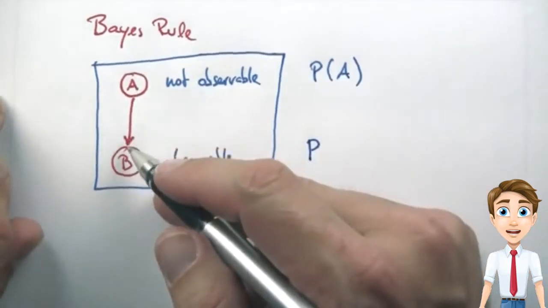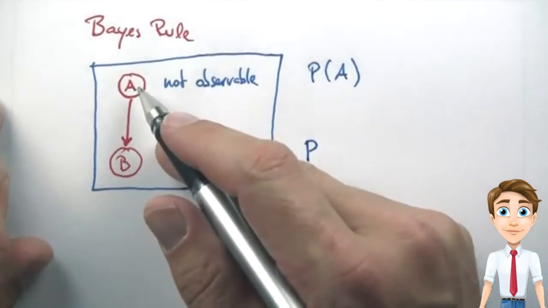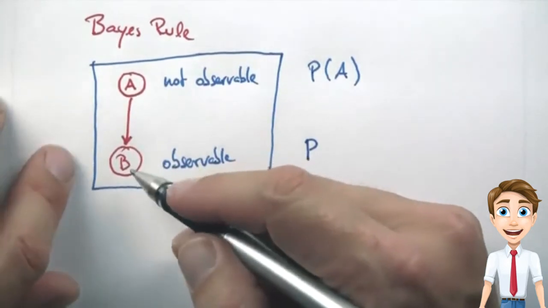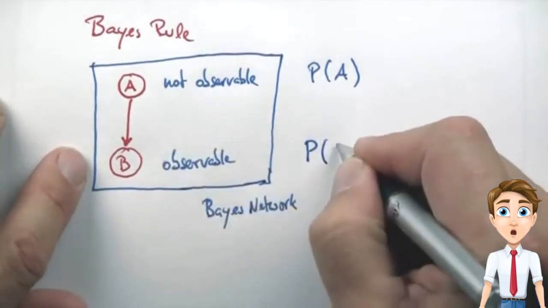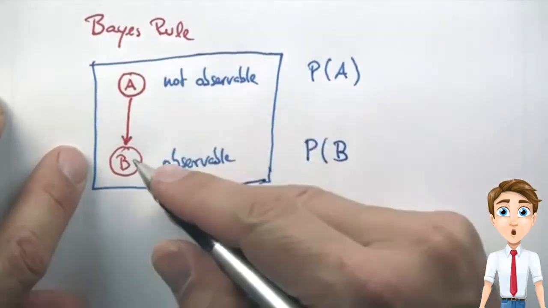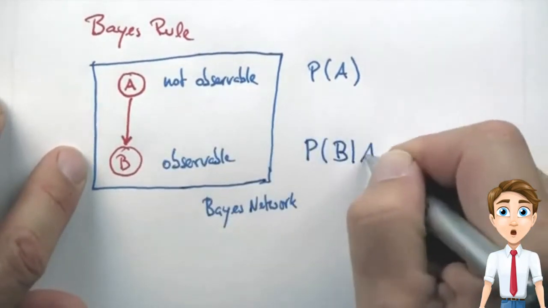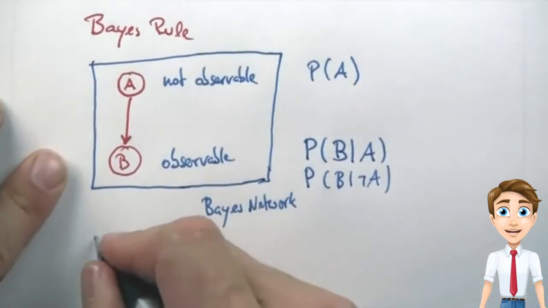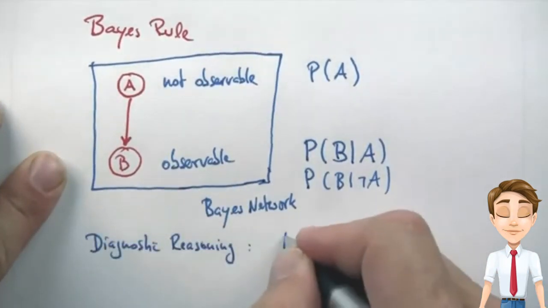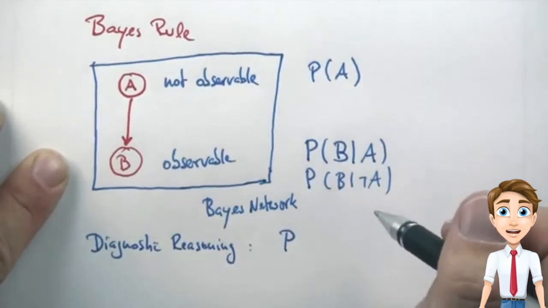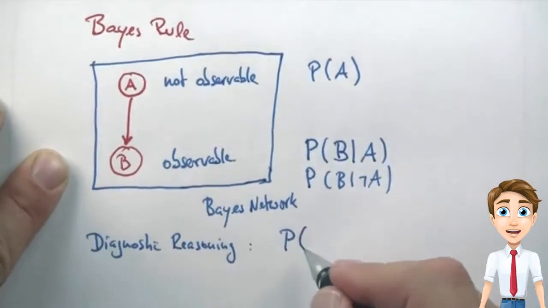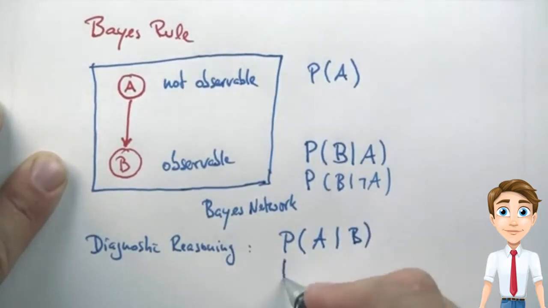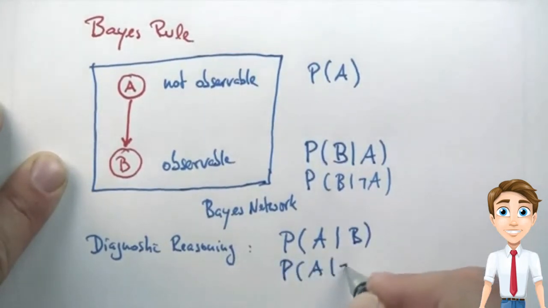A causes B: whether or not we have cancer causes the test result to be positive or not, although with some randomness involved. So we know about the probability of B given the different values for A. And what we care about in this specific instance is called diagnostic reasoning, which is the inverse of the causal reasoning: probability of A given B, or similarly, probability of A given not B.